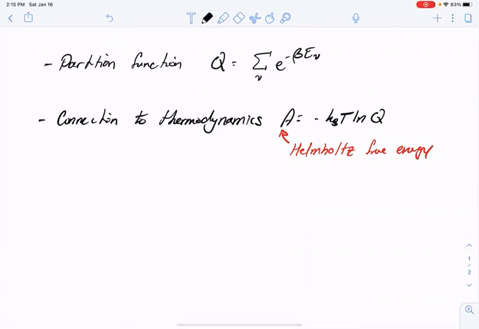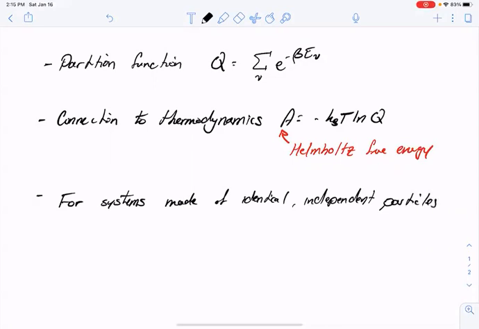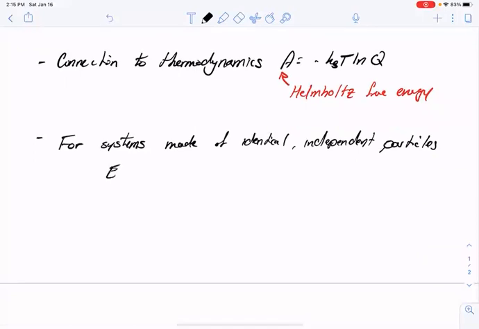For example, for systems that are identical and made up of independent particles, such that the energy of some microstate can be written as the energy of particle 1 plus particle 2 plus particle 3, the partition function is something that's easily evaluatable because it factorizes.